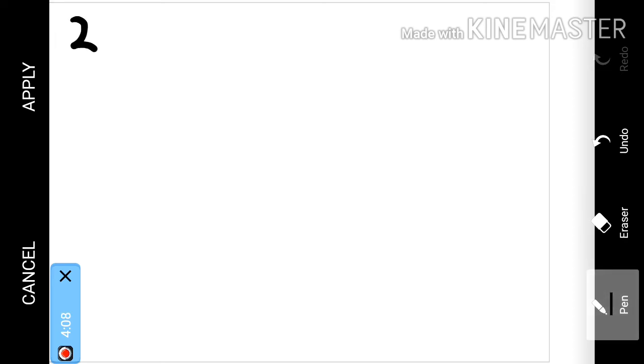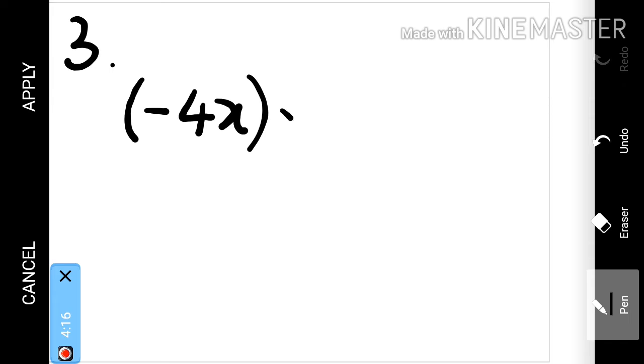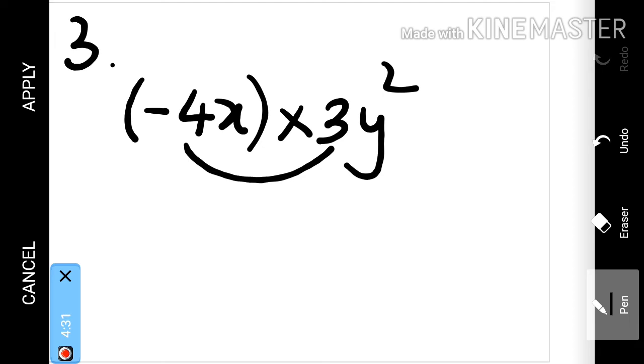The third example is minus 4x into 3y square. Correct? Okay. Now we are going to multiply coefficient with coefficient. Minus 4 into 3. 4 3s are 12.